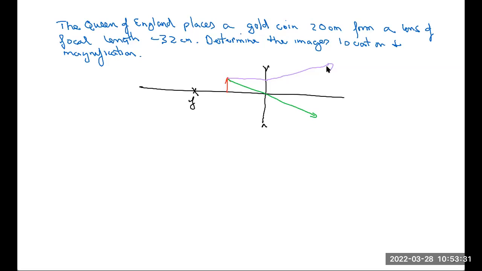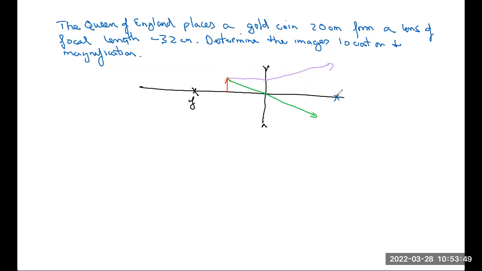Let me just draw one more ray. To draw this one additional ray, I'm just going to mark the focal length on the other side of the diverging lens. So this ray is the partner to the magenta ray.